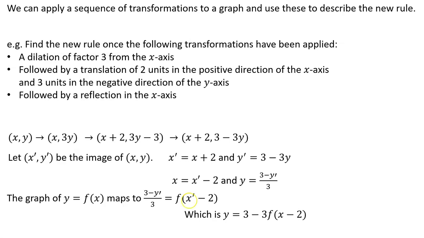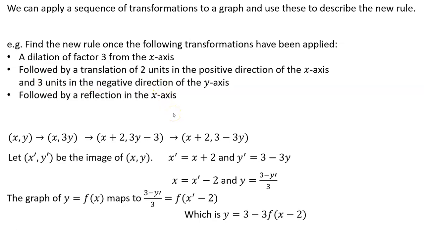Now, let's have a look at if this is what we expect. Dilation of factor 3 from the x-axis, that's 3 times the f of x. Translation of 2 units in the positive direction of the x-axis. Remember, what happens to the x is the opposite, so minus 2 to the x. 3 units in the negative direction of the y-axis.